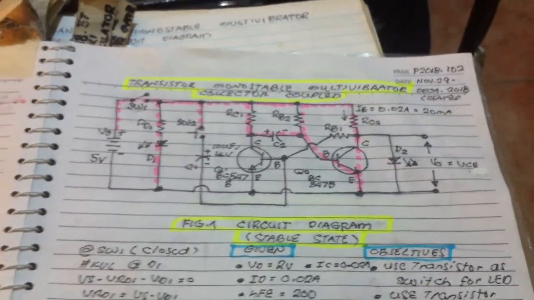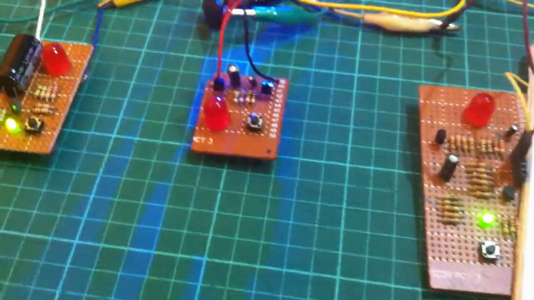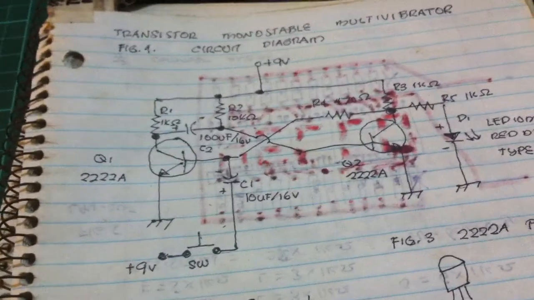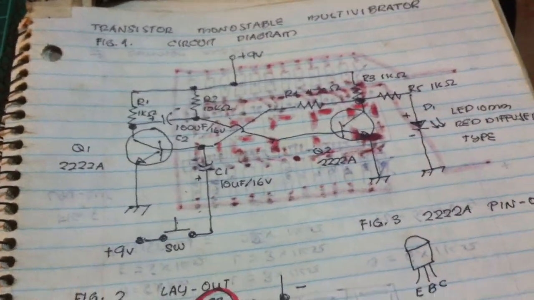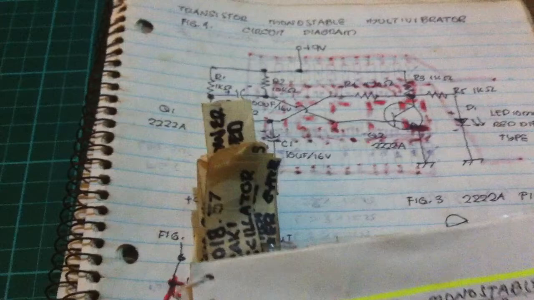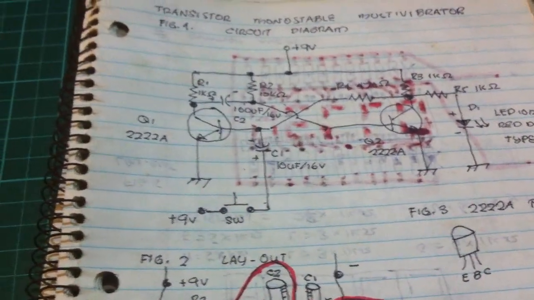That is the collector output. And in this old circuit, this is the circuit diagram. Very messy, but still the same as our new circuit here. The only difference is that it has no LED power on indicator.